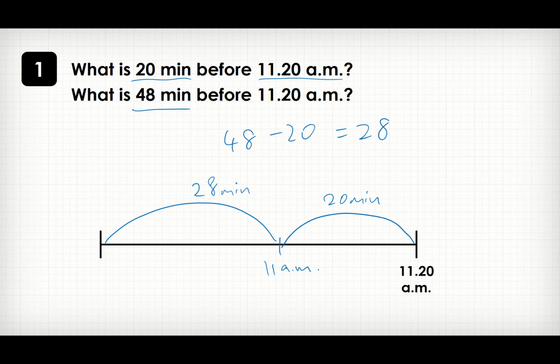How do we go back 28 minutes? 60 minus 28 is equal to 32. So my answer will have 32 minutes. And since it's from 11 a.m., 1 hour before that will be 10:32. And the answer is in a.m. It's still in the morning.